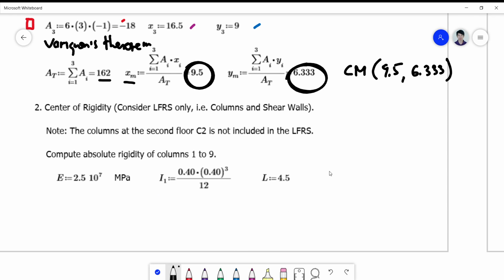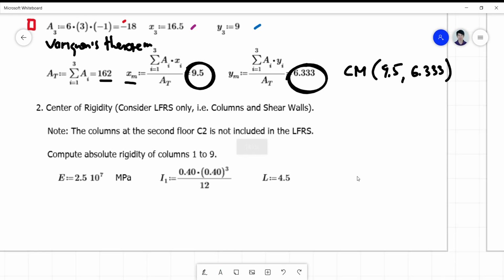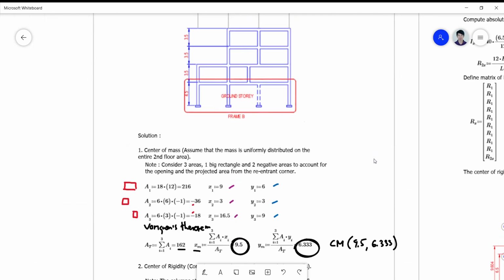What I mean is, in this particular case, this column here is not actually a part of the lateral force resisting elements of this second floor, because this second floor is only held up by these columns here.